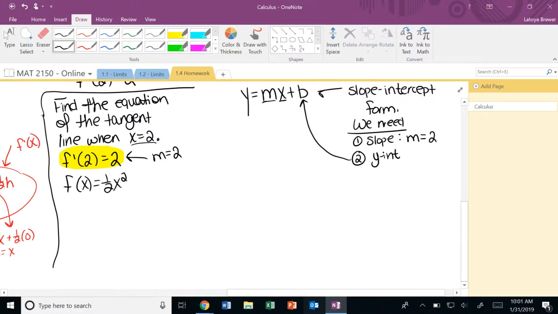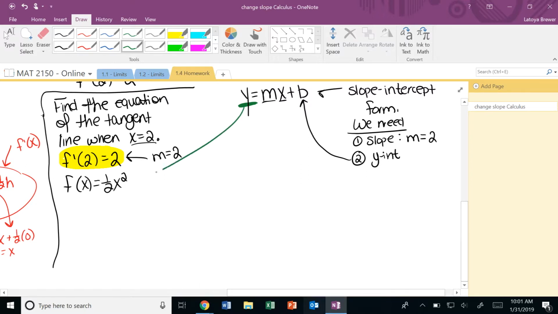So I want to solve for b, which will give me that y-intercept. The only other thing I need to find is that y. So how do you find y? This is where my students in my class had to go back and think. This goes back to your first year algebra class, right? Your y value is your output, not of the tangent line, but of the actual equation. I want to know what my y value is when x is equal to 2.